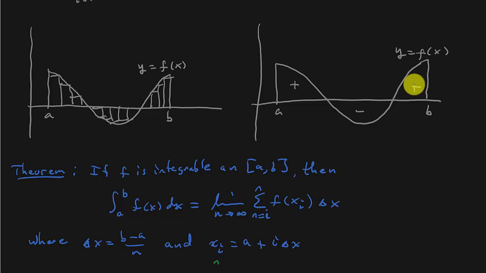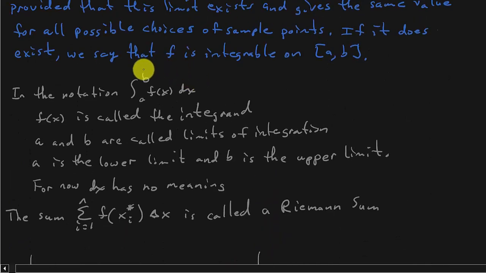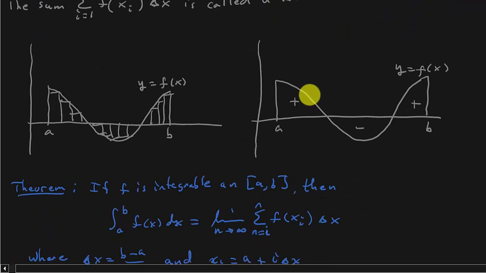A definite integral, this right here, can be interpreted as a net area. That's a difference of areas.